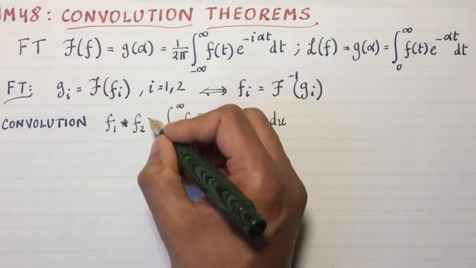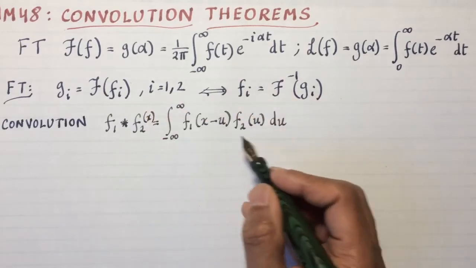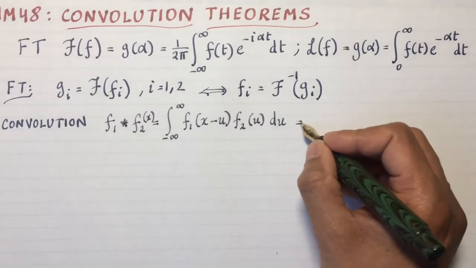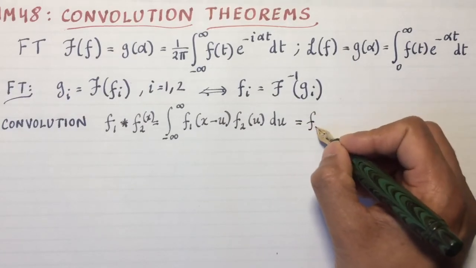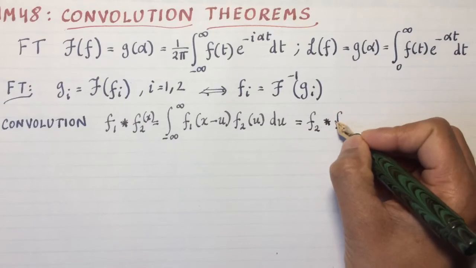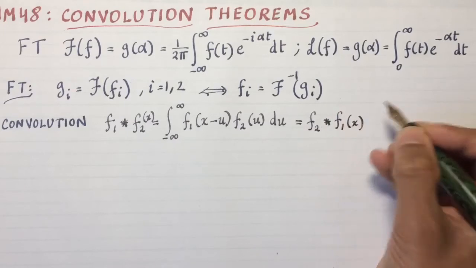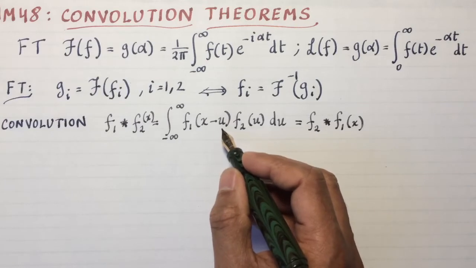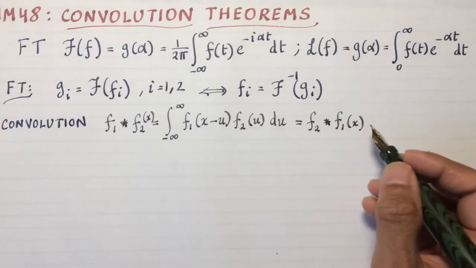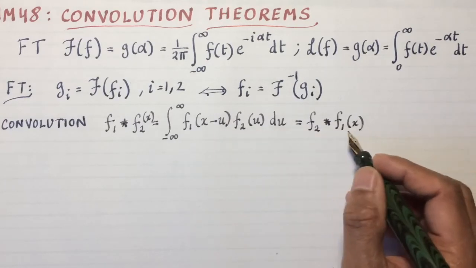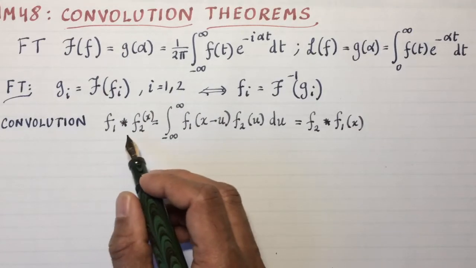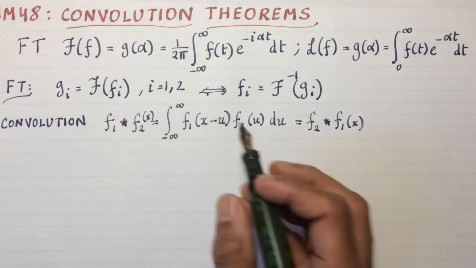The final result will be a function of x, because you're integrating out the variable u. This can be shown very easily to be the same as f2 convolved with f1, because all you're doing is making a change of variable of x minus u equals u prime. So the convolution operator is symmetric. It doesn't respect the order in which the functions are convolved.